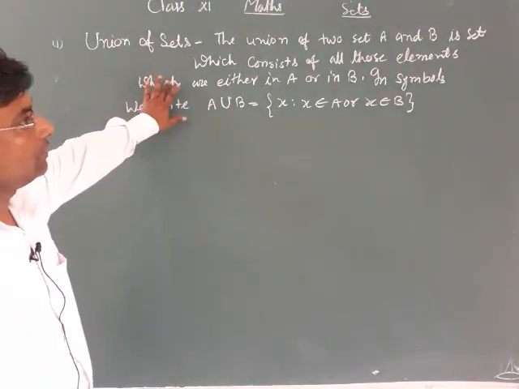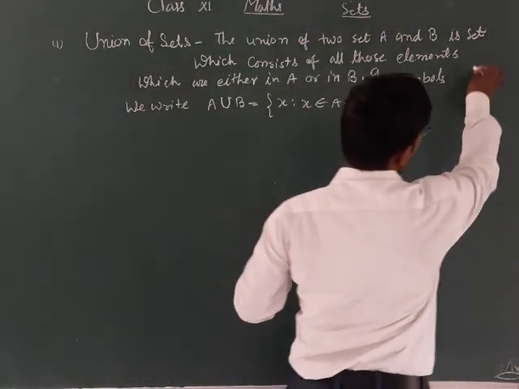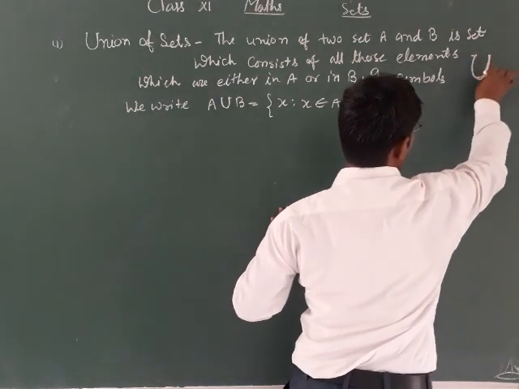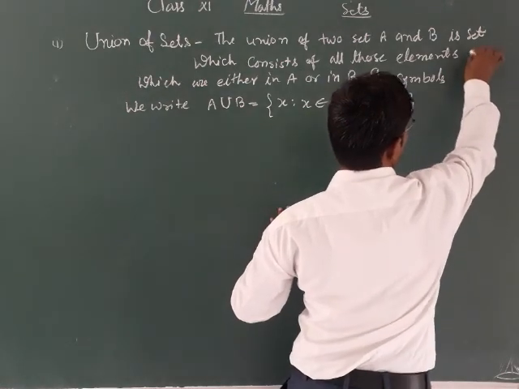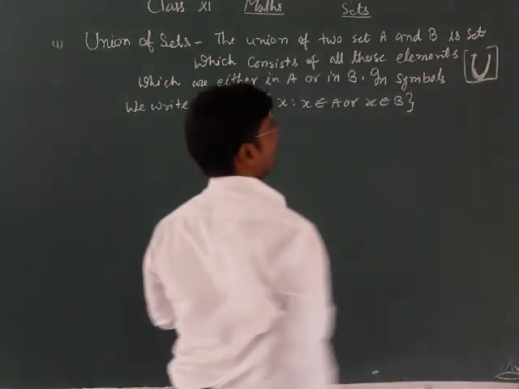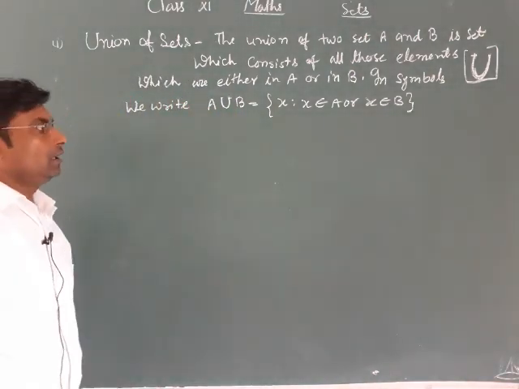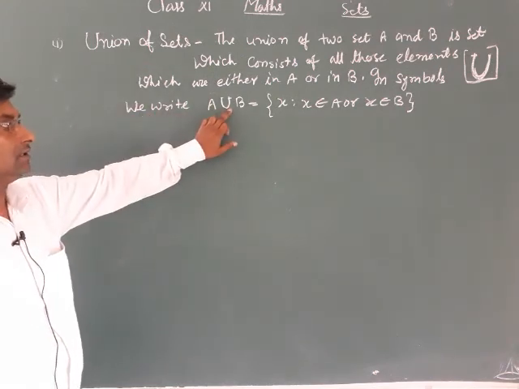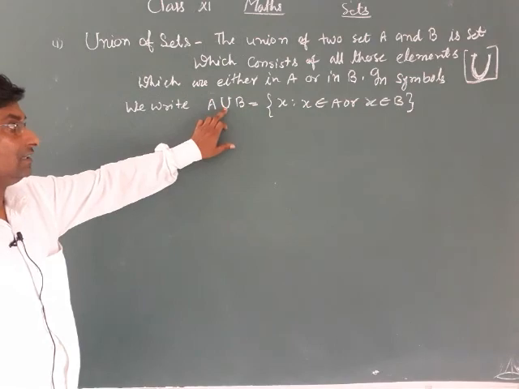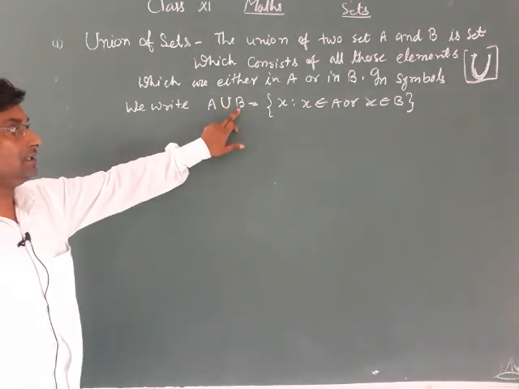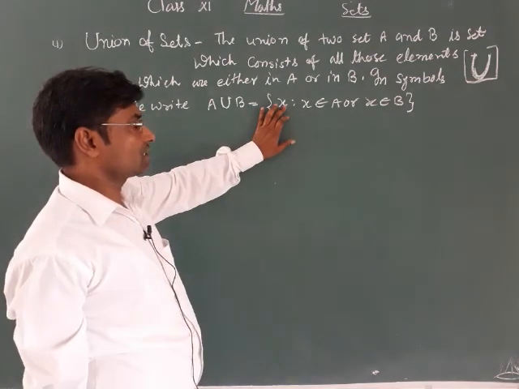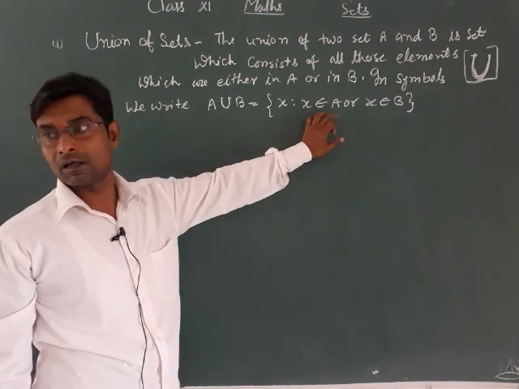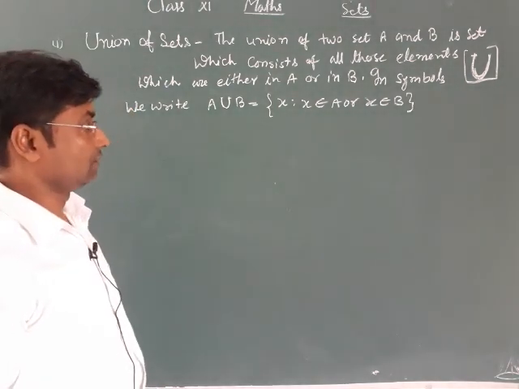It is denoted by the symbol U. In symbols we write A union B, read as A union B, equal to x such that x belongs to A or x belongs to B.